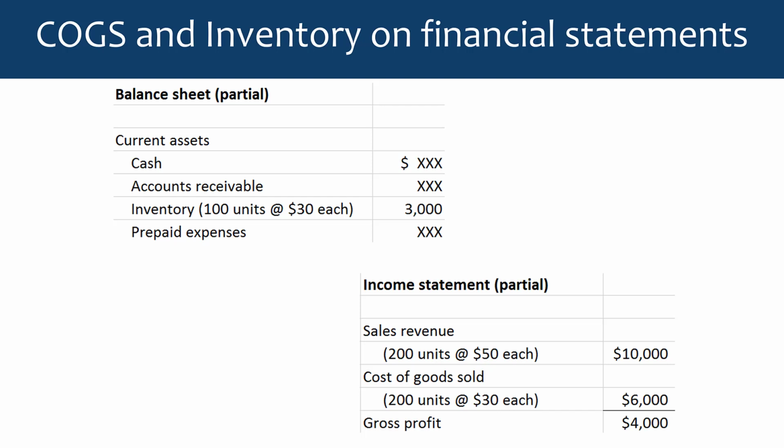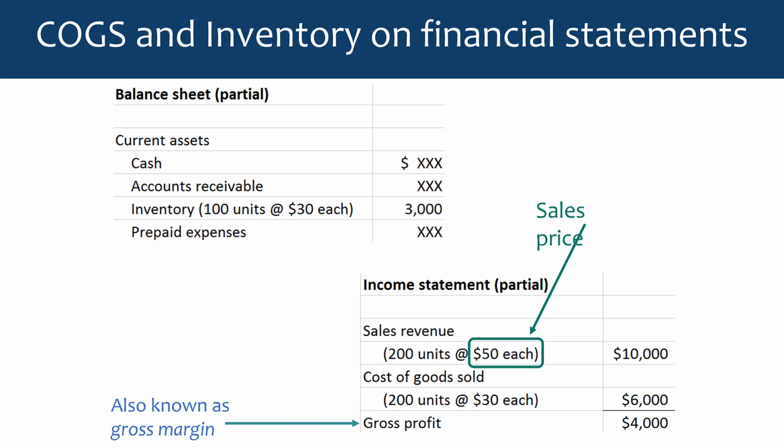So note that the cost goes up as inventory on the balance sheet and as cost on the income statement, cost of goods sold. The sales price or selling price is found on the sales revenue line of the income statement. Sales revenue less cost of goods sold is known as gross profit or gross margin.